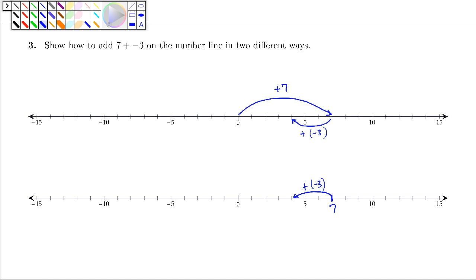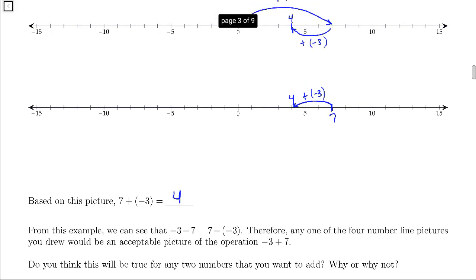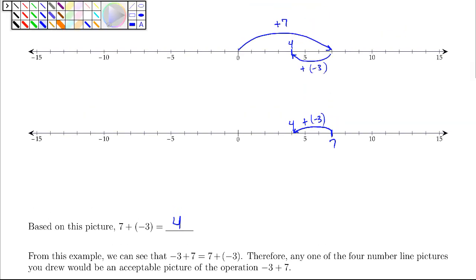It looks in both cases like we are landing on 4. So based on this picture, 7 plus -3 is also 4. And from this example, we can see that 7 plus -3 is the same as -3 plus 7. Any one of these 4 number lines would be a fine picture of the operation 7 plus -3, or of -3 plus 7.